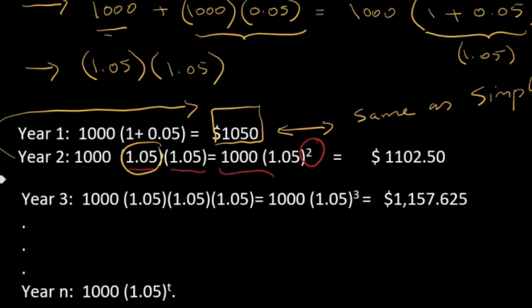So to make it more compact, we write it as 1,000 times 1.05 to the power of 2. Now, notice this 2 here, notice that 2 there. And then notice this 3 here. The same thing applies again. You start with the principal amount, which is 1,000. You have 1.05, 1.05, 1.05, and in compact form, 1,000 times 1.05 to the power of 3.